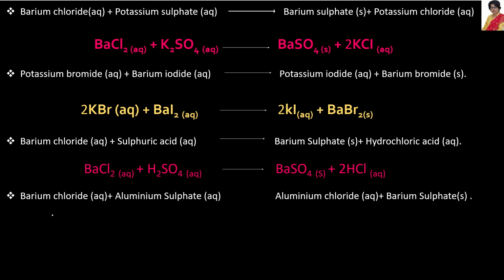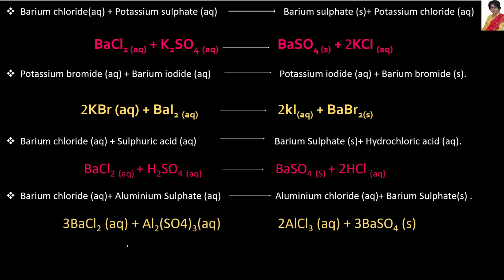What happens when barium chloride in aqueous solution reacts with aluminium sulfate in aqueous solution? We will get aluminium chloride and barium sulfate. Again, barium chloride will dissociate into Ba2 plus and Cl minus ions. Aluminium sulfate will dissociate into Al3 plus and SO4 2 minus ions.